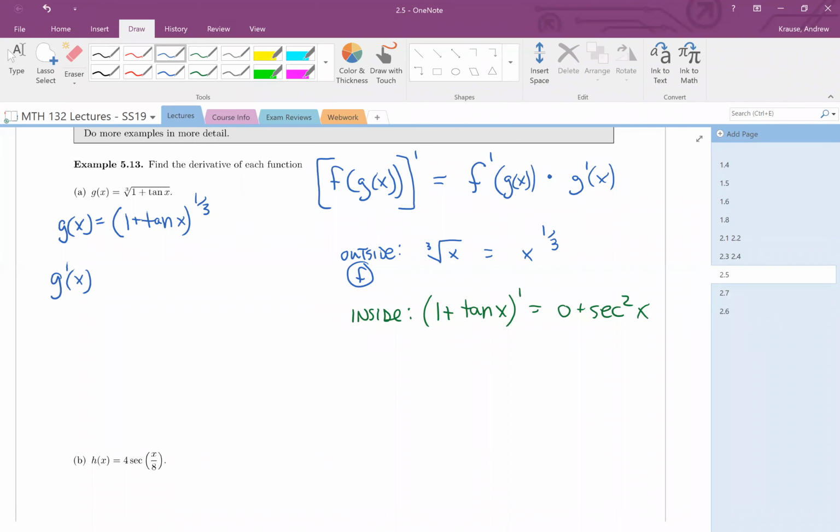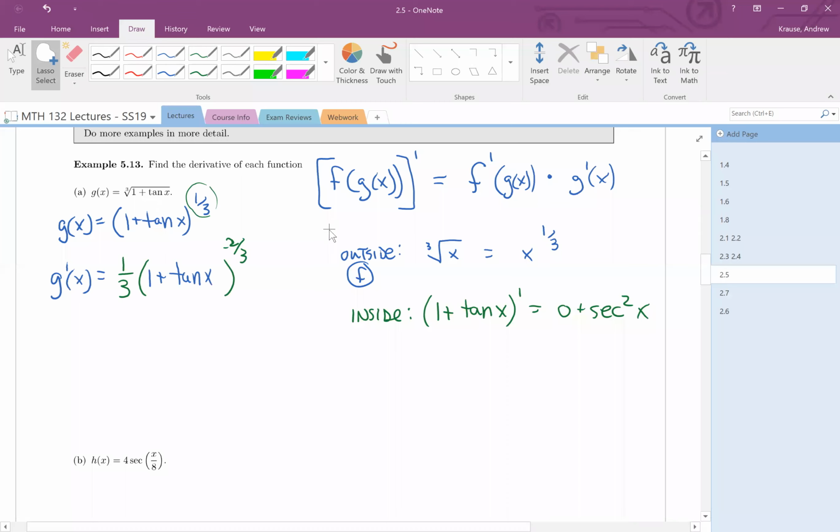we're going to take the derivative by starting with the outside 1/3 power operator. That's that cube root. So when we subtract 1 from 1/3, we get a negative 2/3. We're going to leave the inside exactly the same.